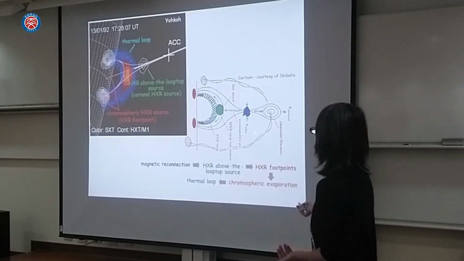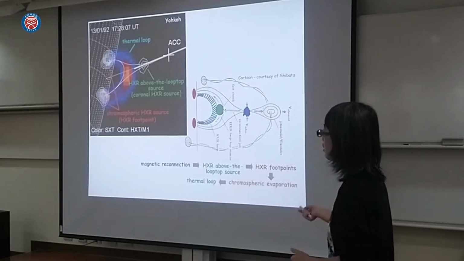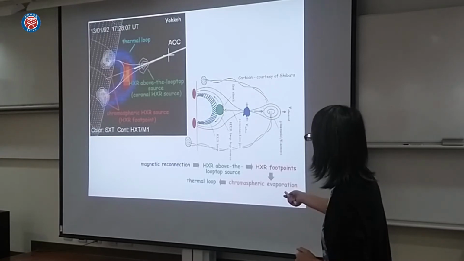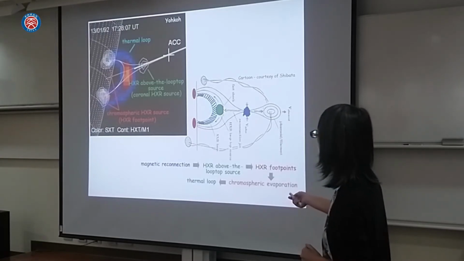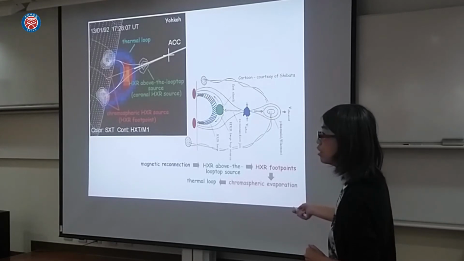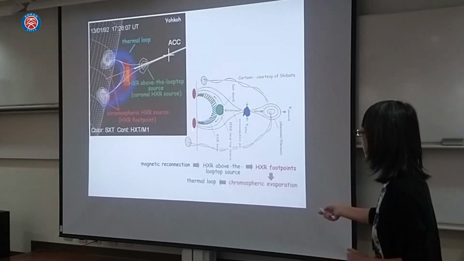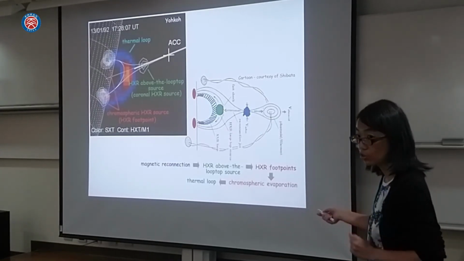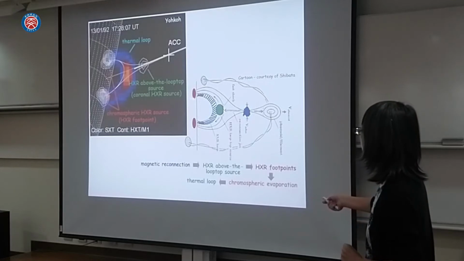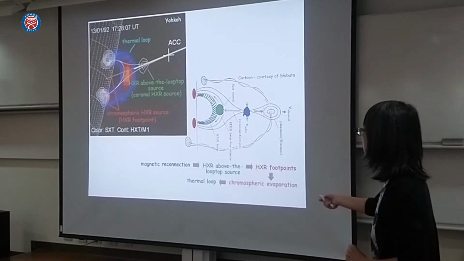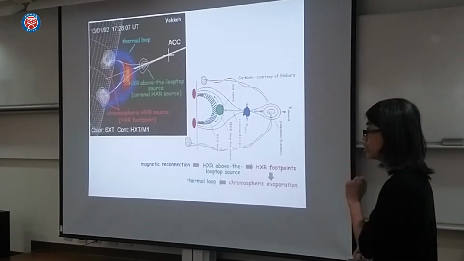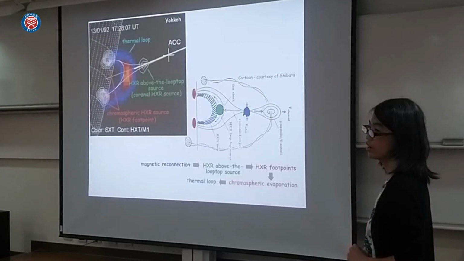Some other particles keep moving lower and lower into the dense chromosphere and produce the other kind of HXR source, the footpoints. The heated plasma then moves outward due to thermal conduction and occupies the whole loop, so this can be observed by soft X-ray.